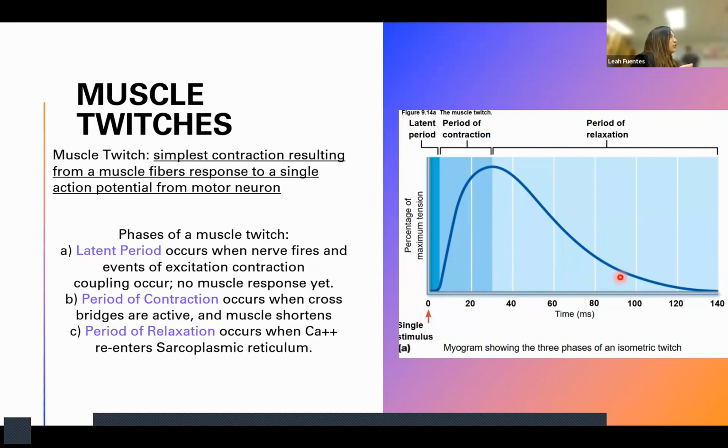And then that force gradually declines to zero, like we can see here. So again, we have that latent period, the period of contraction, and then the period of relaxation. Again, I would know the definition for a muscle twitch and what's occurring at each of these different phases.